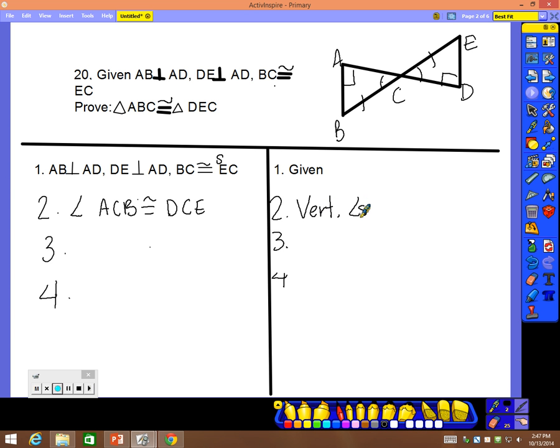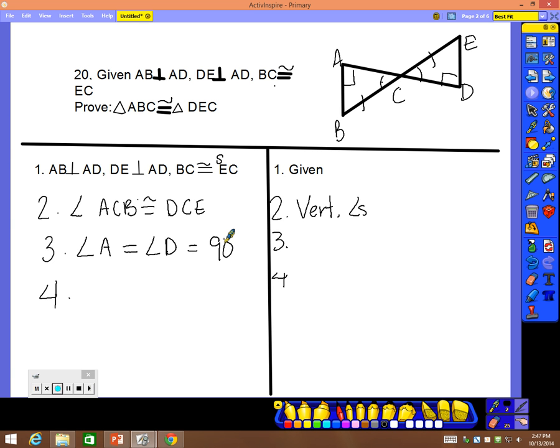And then my final one, here again, I can look at angle A congruent to angle D, and they equal 90, just putting this in there.